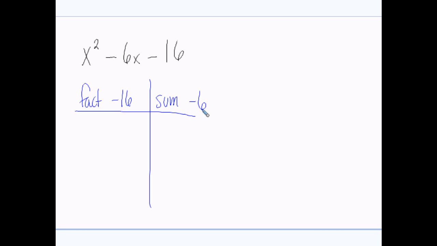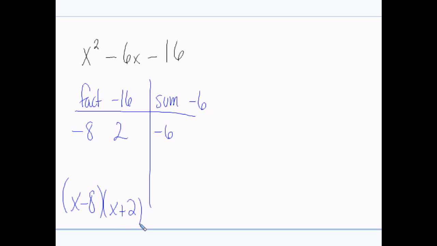I'm looking for factors of 16 that are going to give me a negative 6. What multiplies to make 16? And which one has to be negative? 8. So, x minus 8, x plus 2.